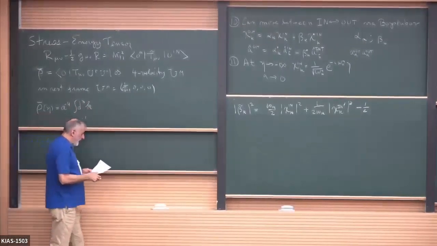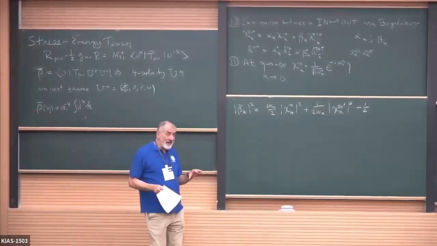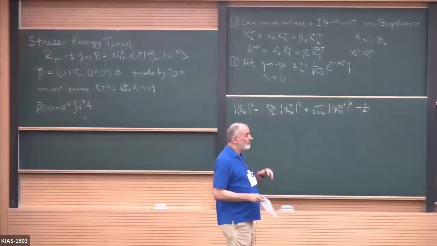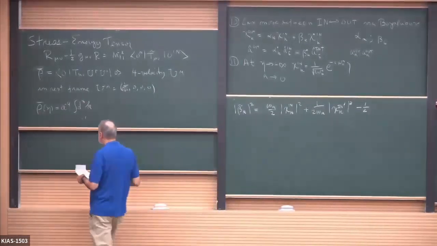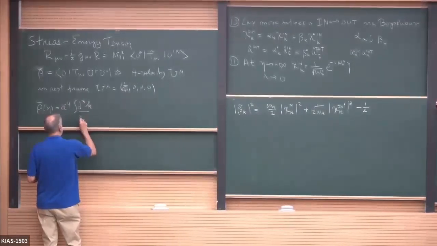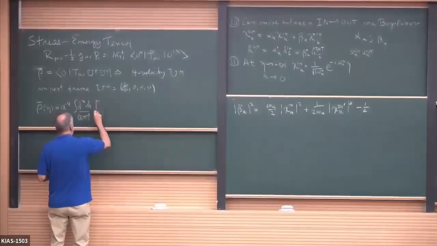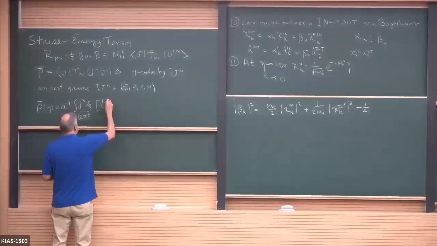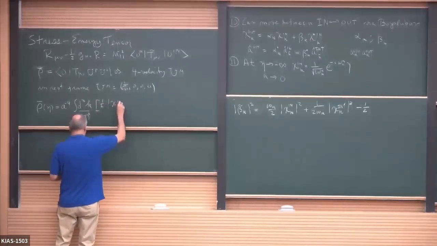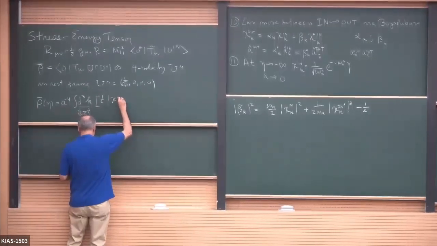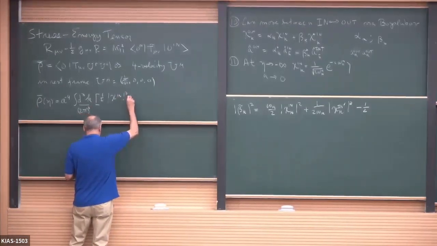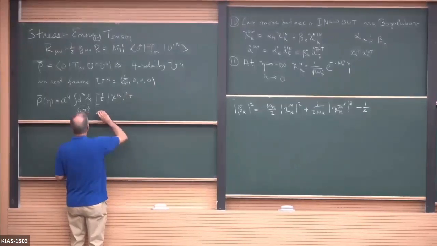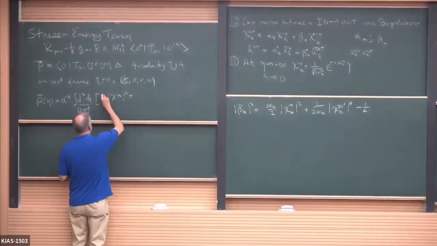This is going to be a quantum composite operator. And we're going to have to use the commutation relations. Omega k here.